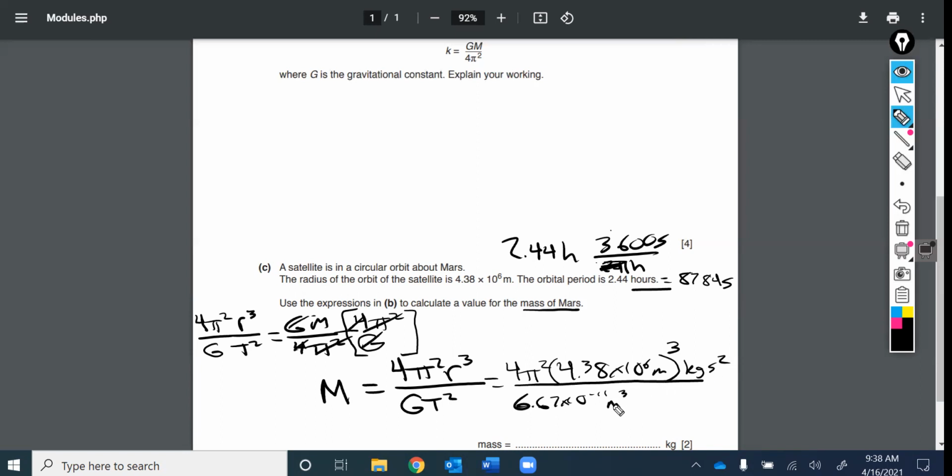We've seen that. That's what Kepler realized, right? The cube of this is related to the square of that. Those happen to be the base units of G, and by no accident. This all works out here. Kind of nice. And then T squared, that's why we did this. So we can plug in 8,784 seconds, and don't forget to square that. Just in terms of the units, the seconds squared cancel, the meters cubed cancel, nice. Kilograms of mass. So it all works out nice for you. But I don't want to cross out these seconds squared because I need to square the number too. It's still my calculation.